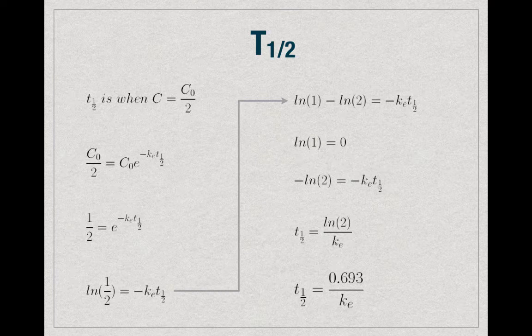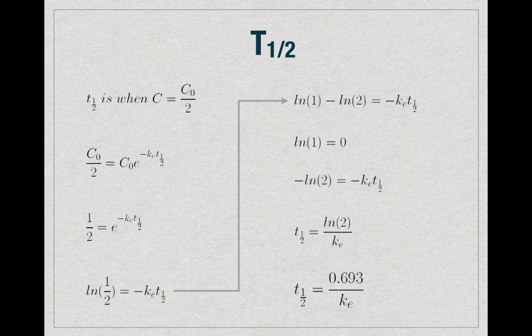Simple enough. And we know from our equation in the previous slide that C0 over 2 equals C0 e to the minus Ke T1/2. So simplifying this, 1/2 equals e to the minus Ke T1/2. Taking the ln of both sides, we get ln of 1/2 equals minus Ke T1/2. Doing more algebraic simplification, ln of 1 minus ln of 2 equals minus Ke T1/2.